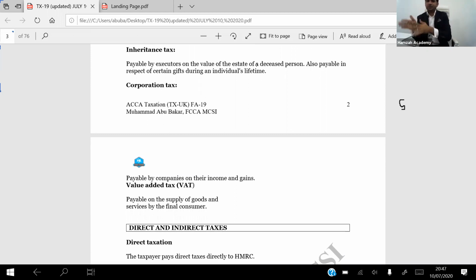There are different types we will be learning at a later stage. By the way, there are 7 to 8 separate chapters on the income tax portion only, 5 chapters on corporation tax, 3 chapters on inheritance tax, and 2 chapters on value-added tax.